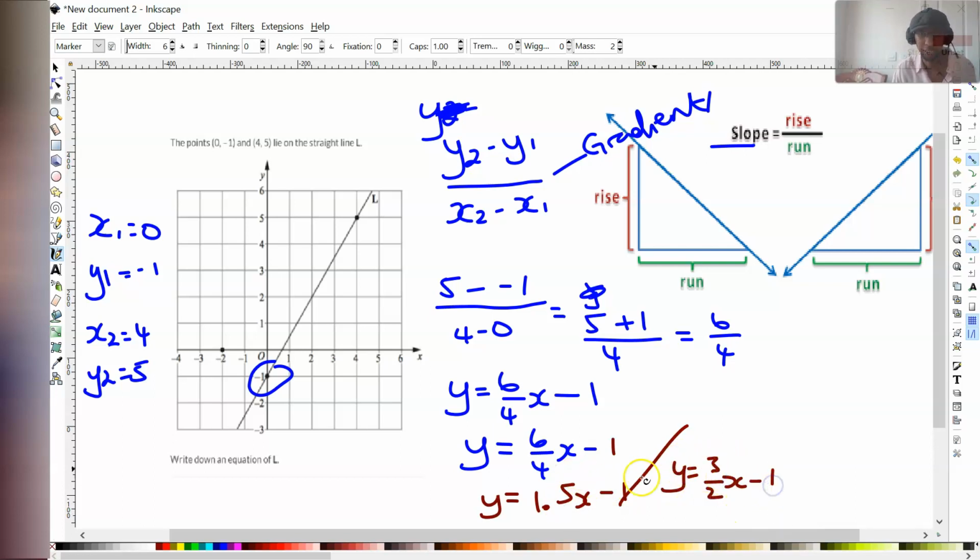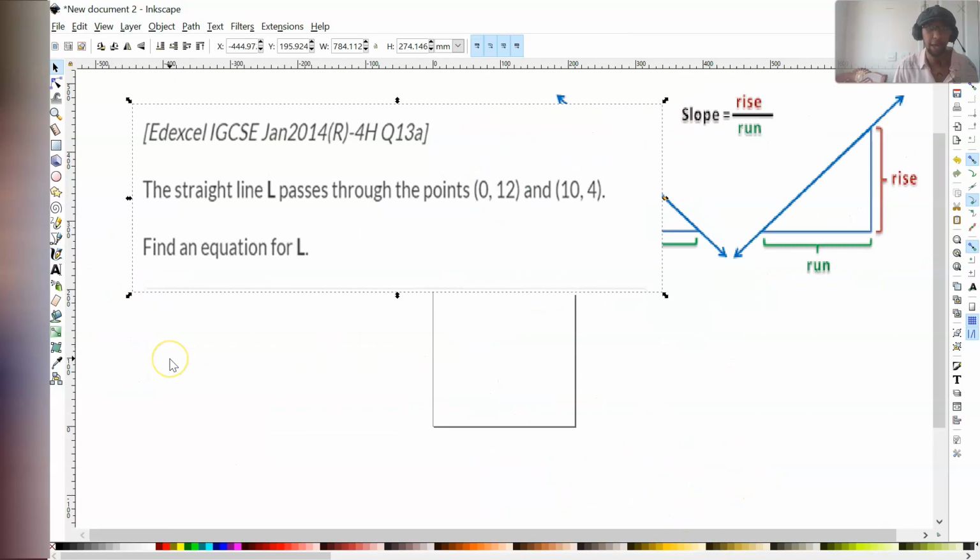So there are different possibilities for your solution, and with maths there's more than one way to get to the solution. It's about efficiency. This is a level 2-3 type of question. You might want to pause the video and have a go at it yourself.